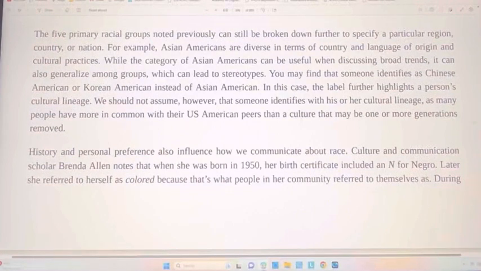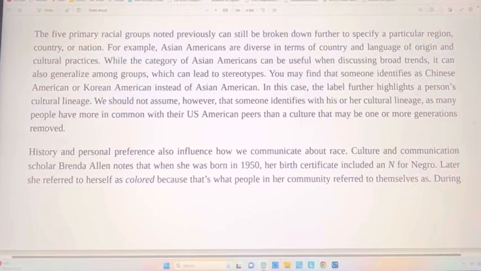The five primary racial groups noted previously can still be broken down further to specify a particular region, country, or nation. For example, Asian Americans are diverse in terms of country and language of origin and cultural practices. While the category of Asian Americans can be useful when discussing broad trends, it can also generalize among groups, which can lead to stereotypes.